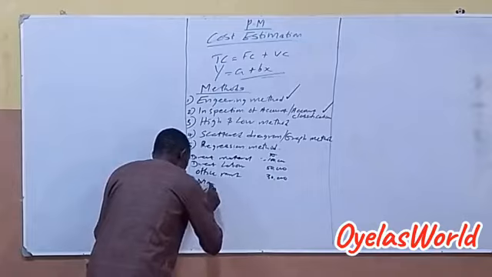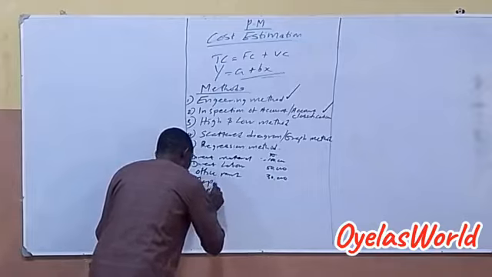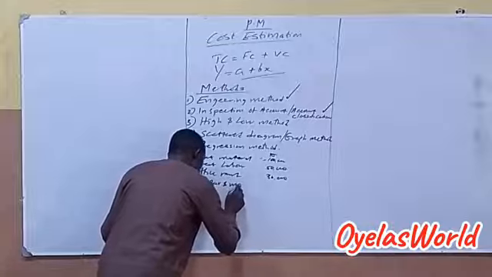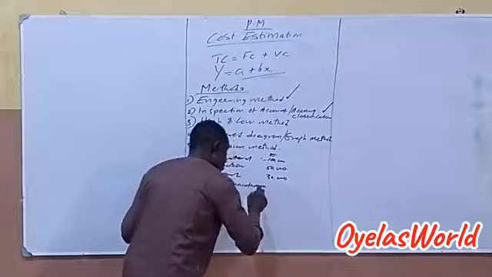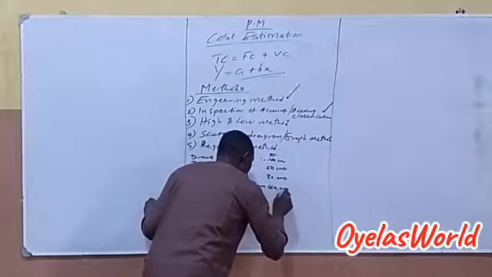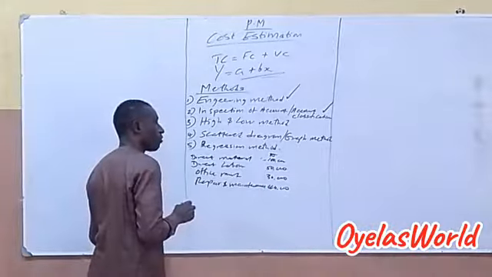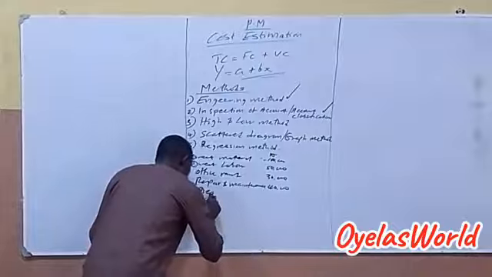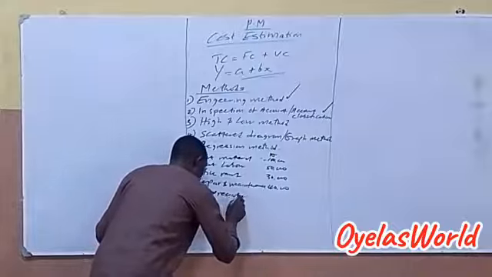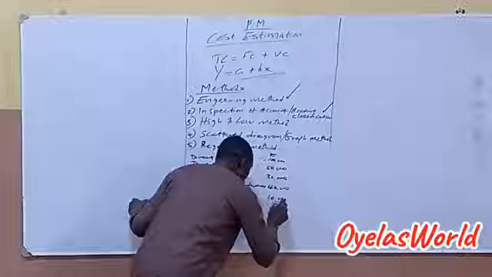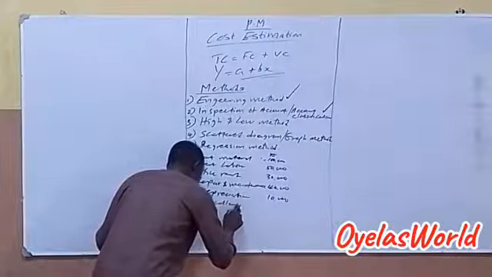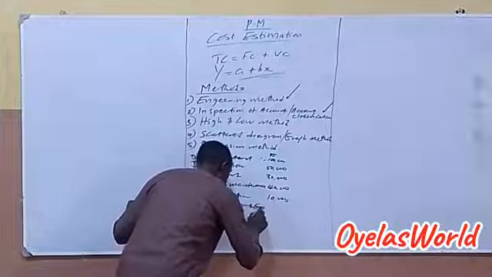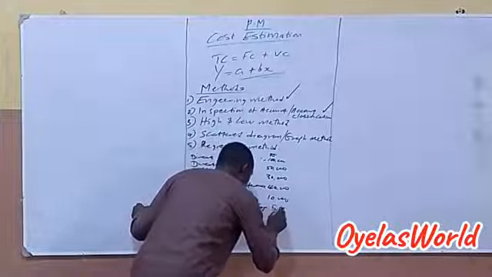Maintenance, let me say repair and maintenance, 40,000. What again? Depreciation, 10,000. Miscellaneous expenses, let me say 5,000.